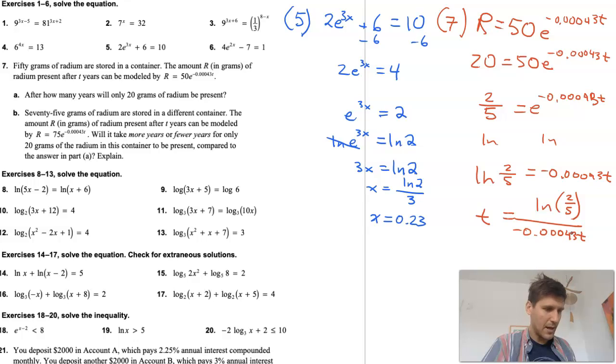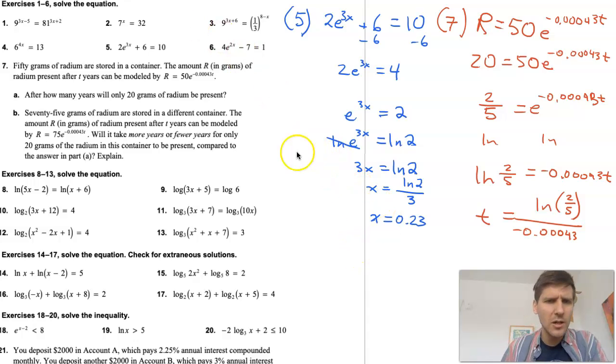I'm just going to type it as it is, 0.00043. Oops, I put the t over there, even though I was just dividing to isolate the t. So enter. 2130.91 if I round to the nearest hundredth. And so that would be the time in years.